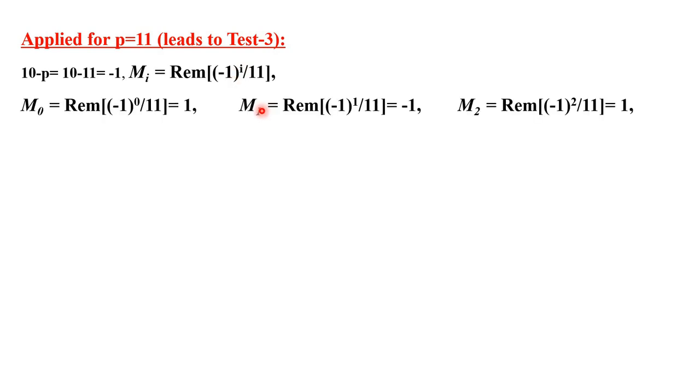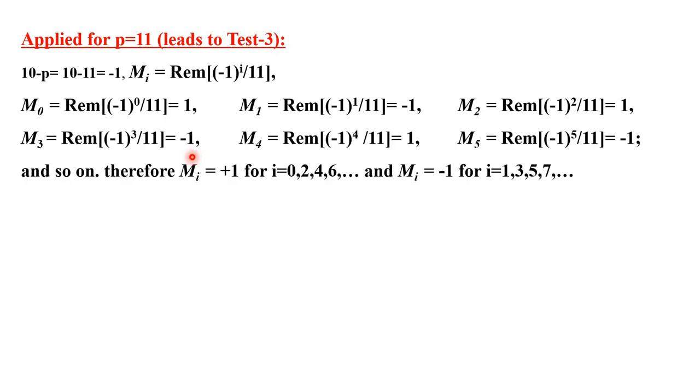So you can easily check that it comes alternately 1, minus 1. m2 is again minus 1 to the power 2, so that is 1, so 1 by 11, remainder is 1. But minus 1 to the power 3 is minus 1 by 11, so remainder is minus 1. So it goes like 1, minus 1, 1, minus 1, 1, minus 1, right? And that is the demand of the rule.